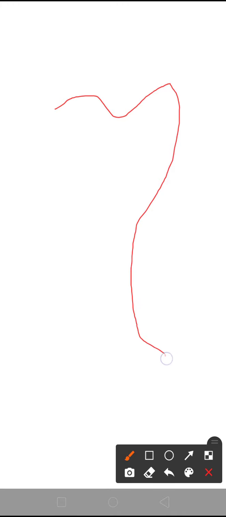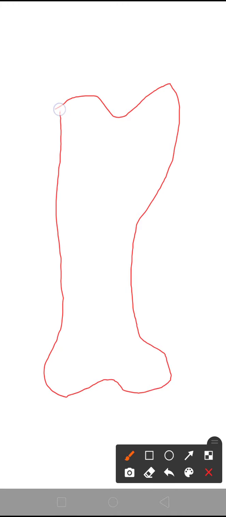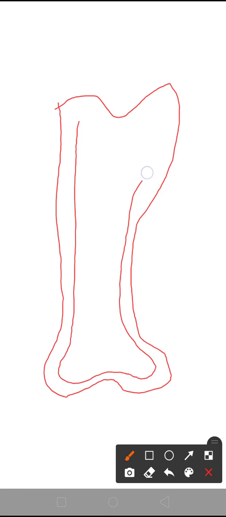I am going to make the structure of the long bone here. I am not so good at drawing, but I am trying my best. So this is the structure of the long bone.